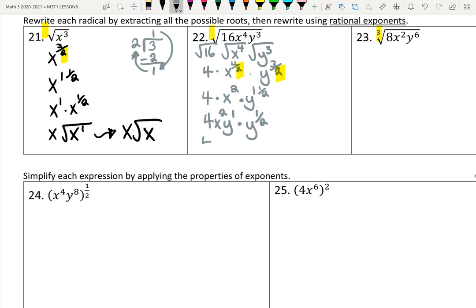This is going to be 4x squared. I'm going to leave off the y, and I know that it's going to be the square root of y to the first. But I could actually clean it up further. I'm going to write it as 4x squared y. And since it's a square root, I'm just going to not write the square root symbol and not write the 1. It looks a little cleaner.